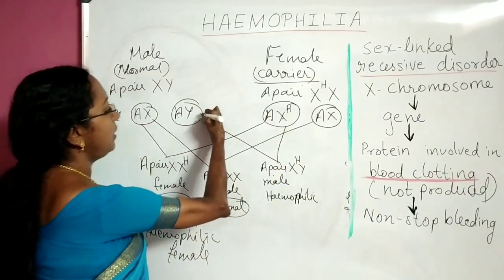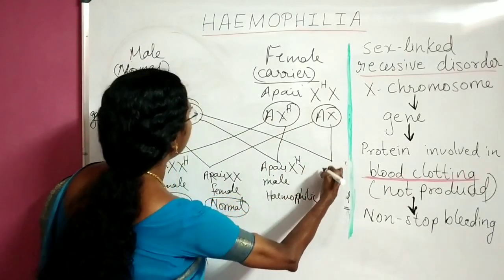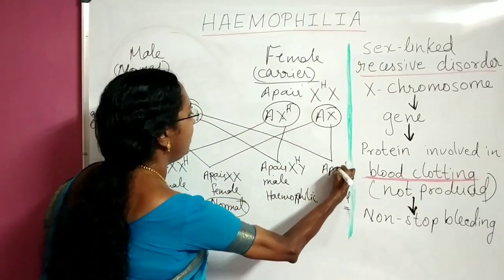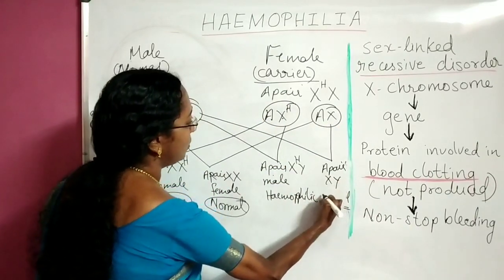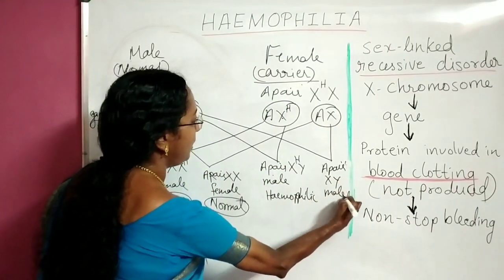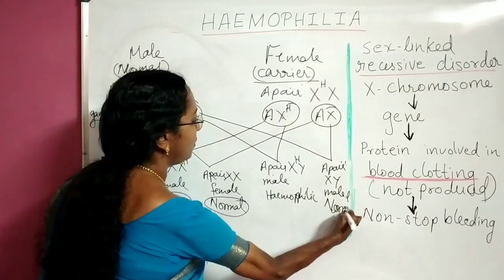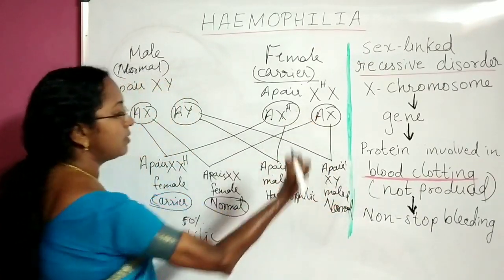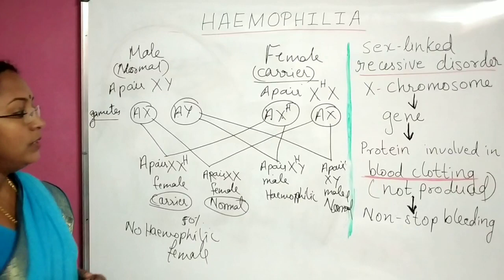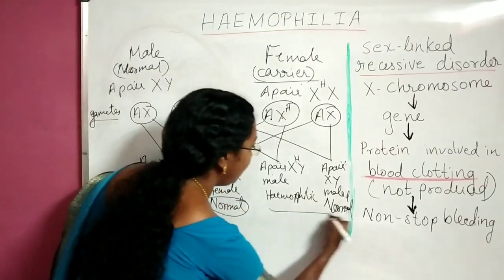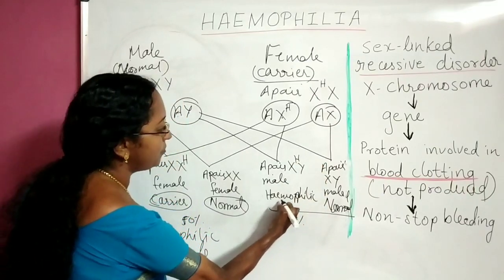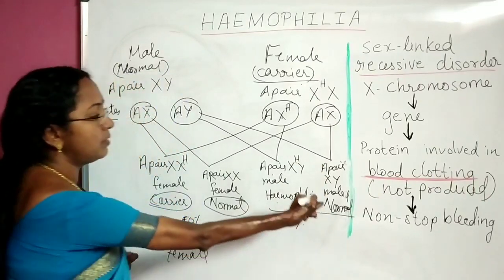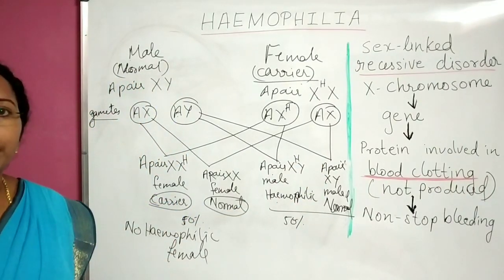Now what about the other case? Here autosome pair again, X and Y. So again male progeny, but this male progeny is going to be normal because there is no case of XH. So when there is the case of males, there is 50% of chance of getting haemophilic and 50% of chance being normal.